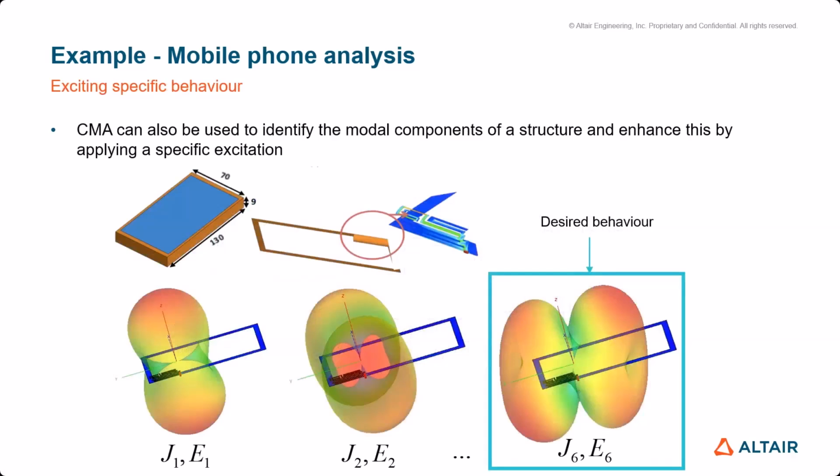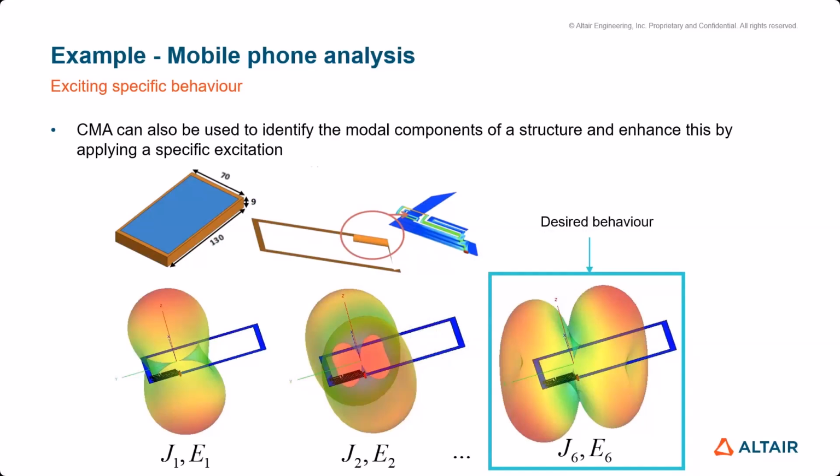The CMA can also be used to identify the modal components of a structure and then select the mode with the most beneficial performance. We can then try to excite that specific mode.